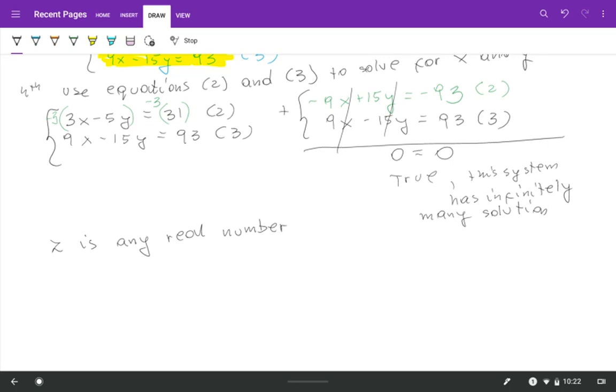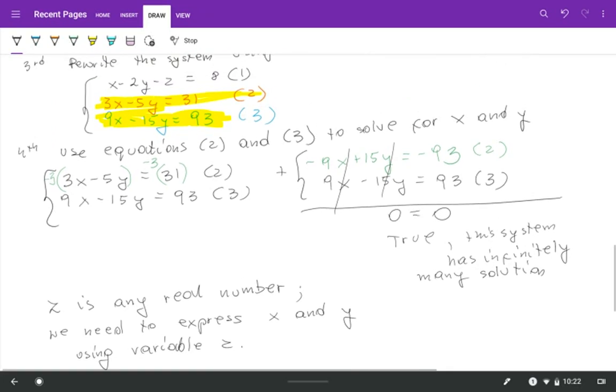And now our job is we need to express x and y using variable z. So technically we're going to treat that z like a constant.